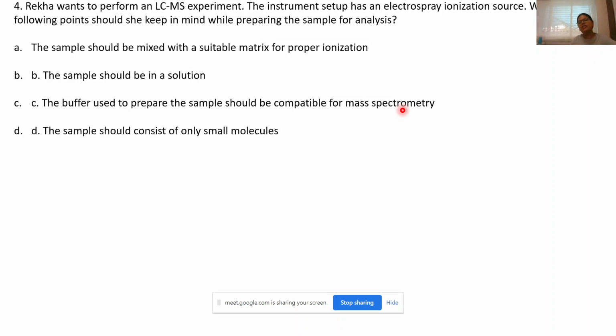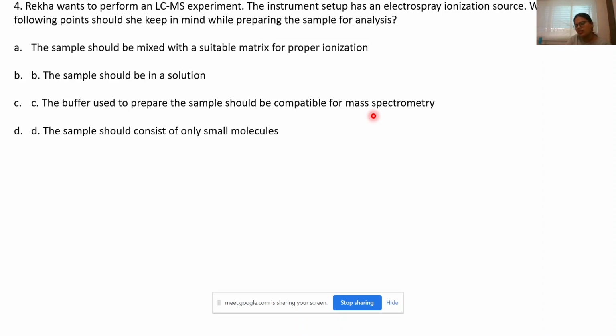Otherwise it could create a lot of problems.